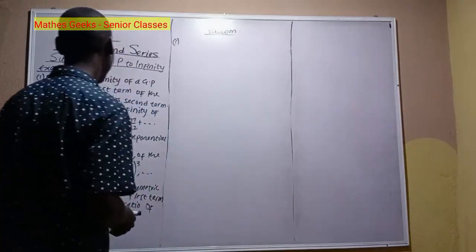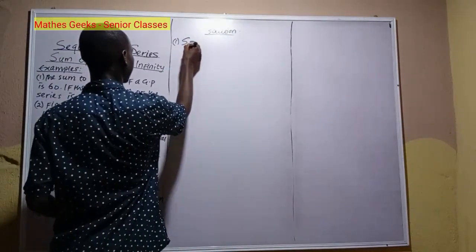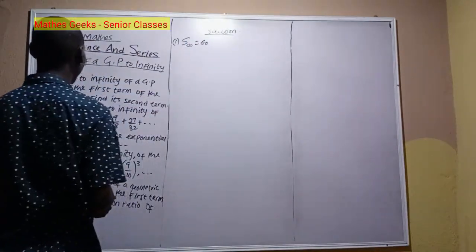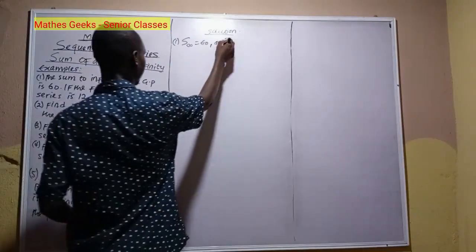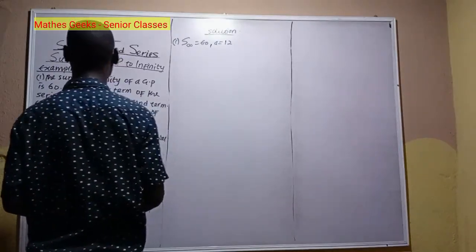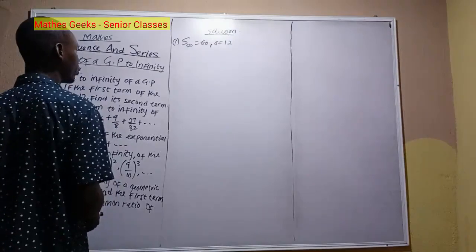The sum to infinity of the GP is 60. If the first term a is equal to 12, find the second term. For us to find the second term, we need to first of all get the common ratio.